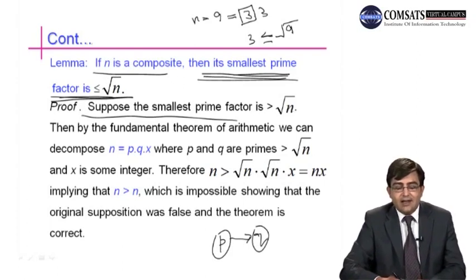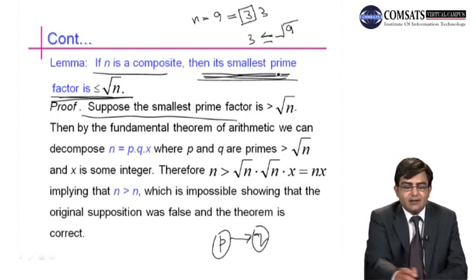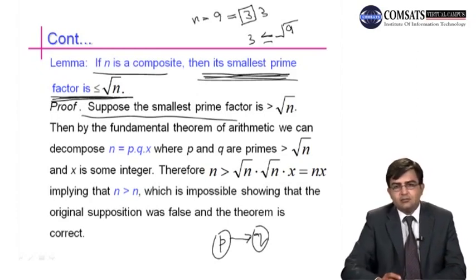And we suppose that this statement is false or wrong, and then on the basis of some definitions and mathematical identities or mathematical results, we shall prove that what we have supposed is a wrong supposition.